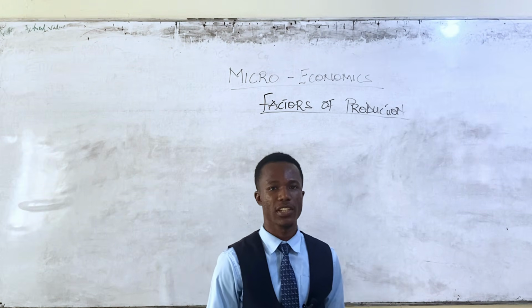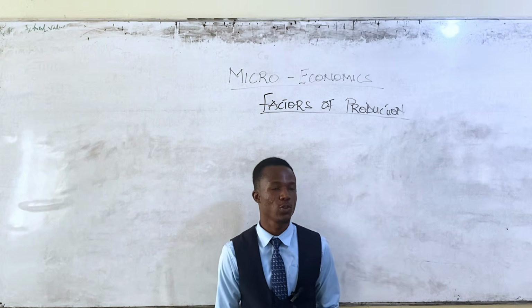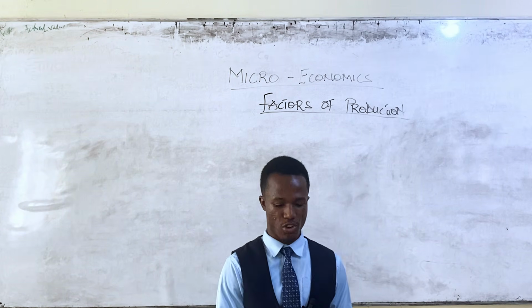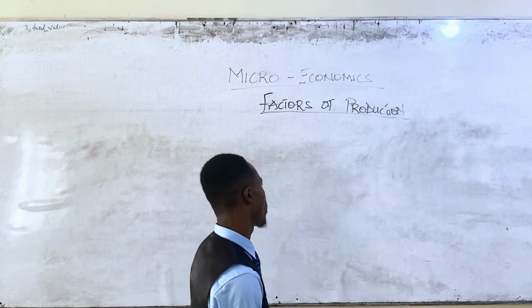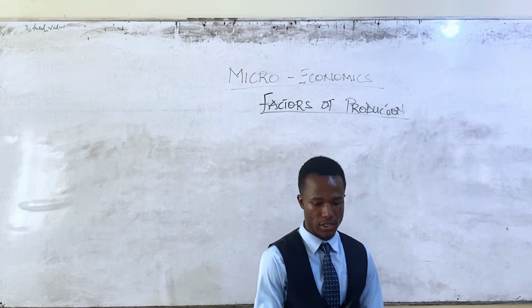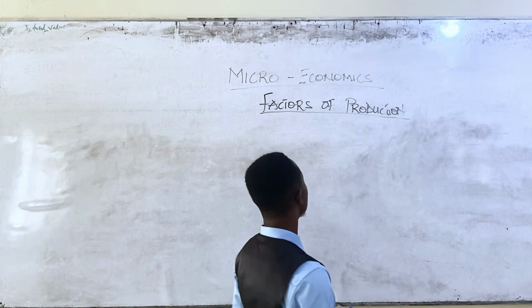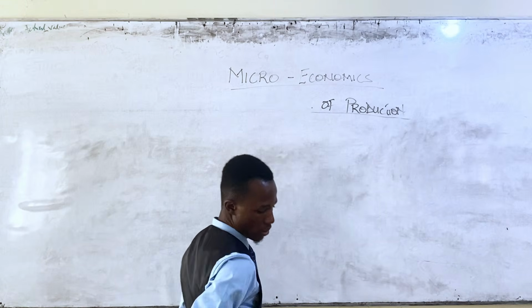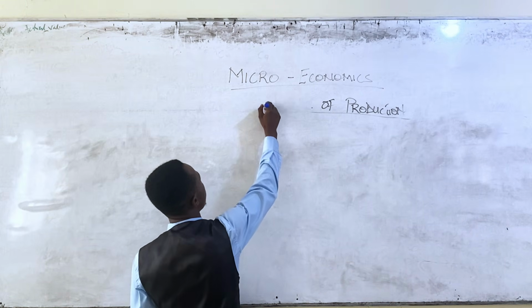My name is Afari Ernest and today we are going to look at factors of production under microeconomics. Let's look at some basic concepts under factors of production, or theory of production.